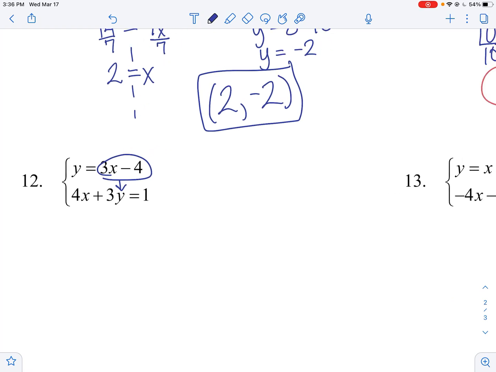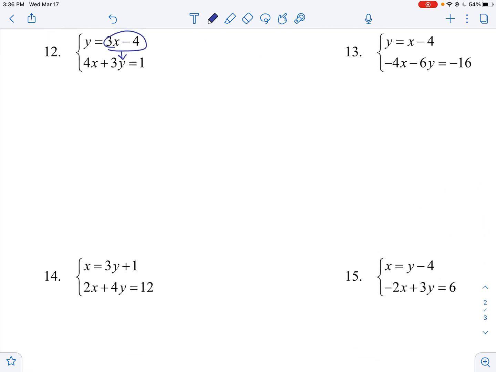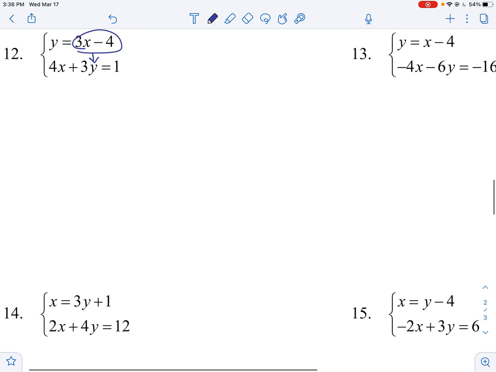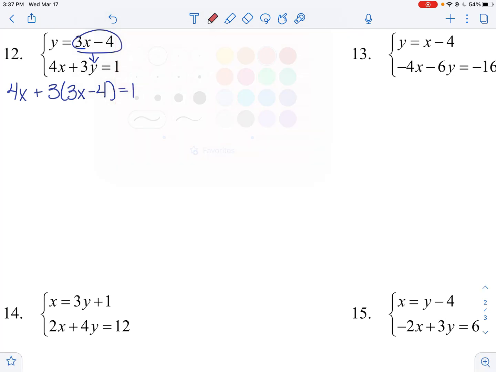So, let's rewrite this. So, it says 4x plus 3 times, and we're replacing y with 3x minus 4 equals 1. Okay. Don't get stressed out.